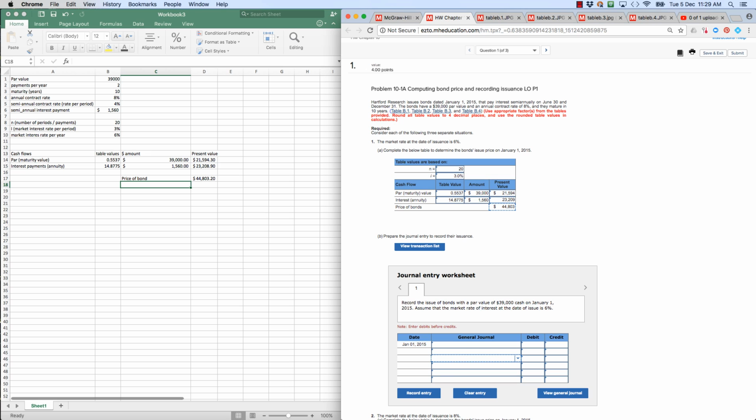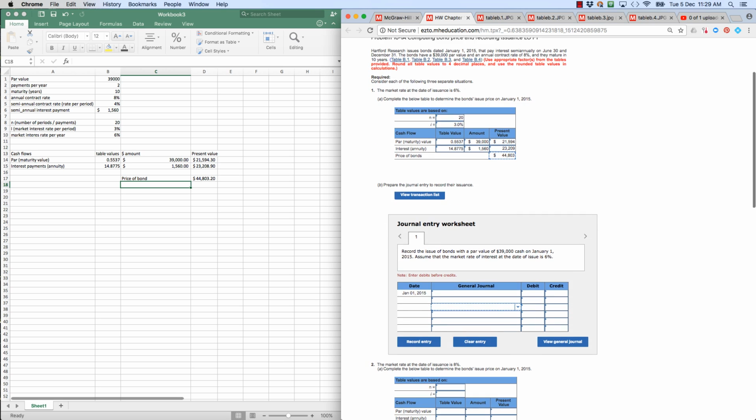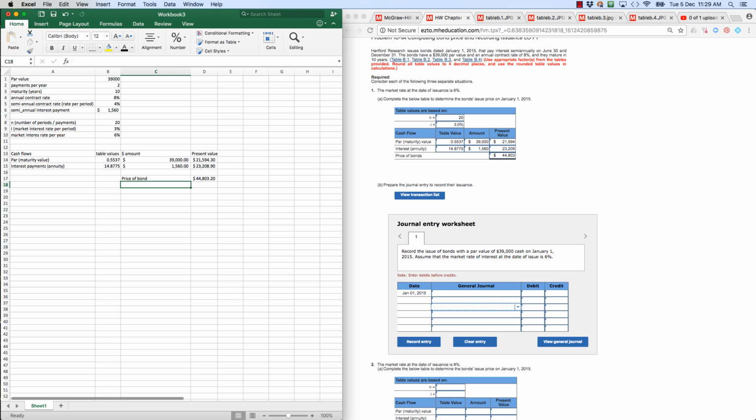So how do we record this in the journal? Record the issue of bonds with a par value of $39,000 that they received for cash on January 1st. Assume that the market rate of interest is 6%, right? We already knew that bit. So we've got three things to think about. The amount of money we're going to receive, because people are going to be willing to pay a premium for these bonds.